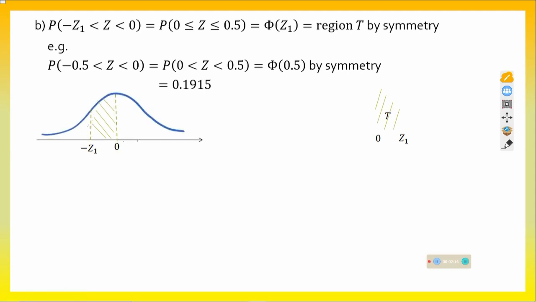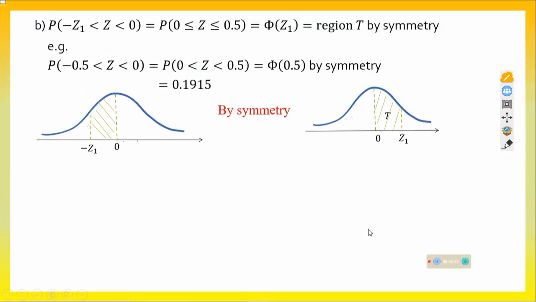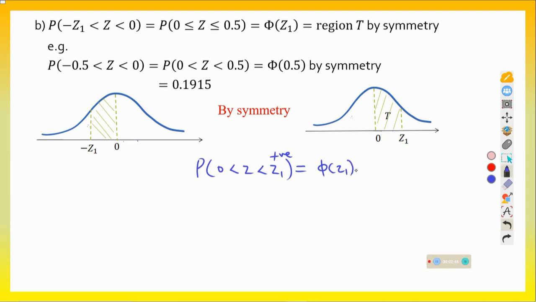So how do you obtain the probabilities, especially if you are having what we call a negative value for z, because we have been focusing only on positive values. So what we have seen so far is that when we are reading probability of 0 less than z less than any positive value of z, you simply take the table reading of this value z1.